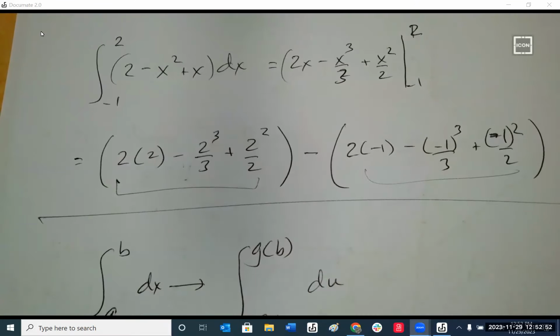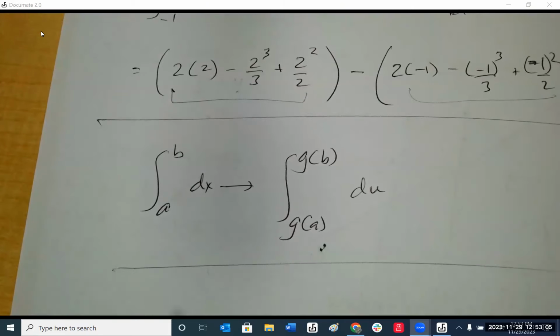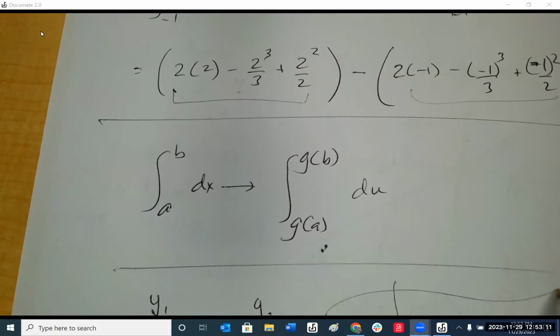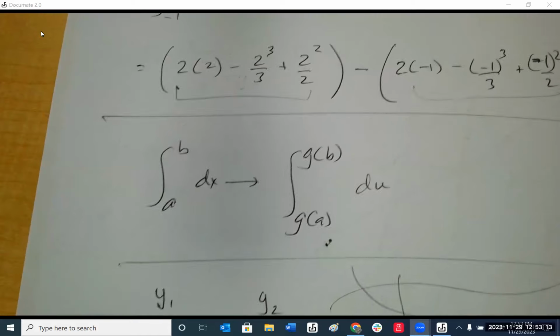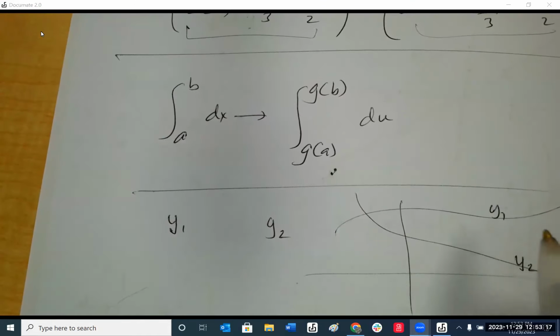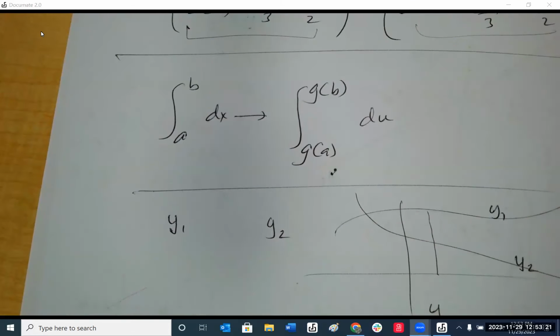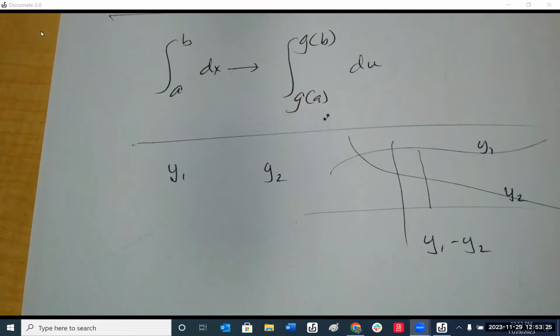Now we learned when you have two functions, y1 and y2, whatever is on top will always be what goes first.